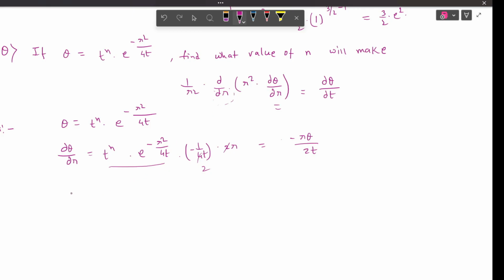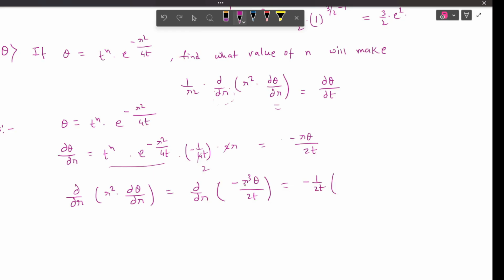So let us do it. Del r of r square del theta by del r would be del r of r square multiplied by this, that means minus r cube theta by 2t. So minus 1 by 2t is constant, keep it outside.